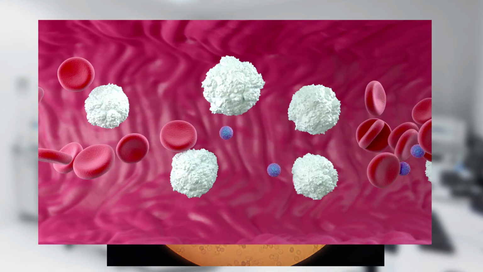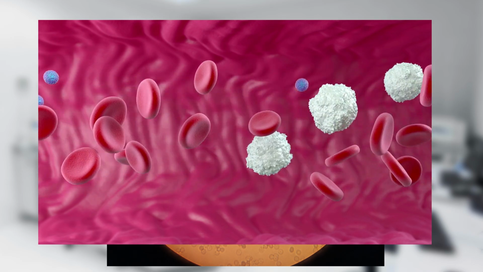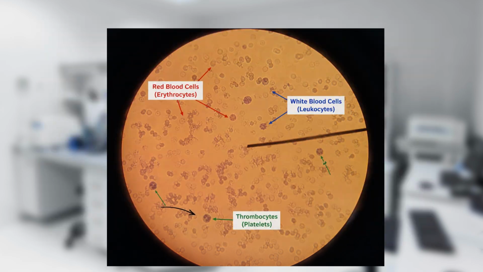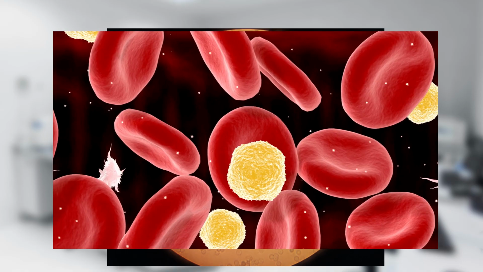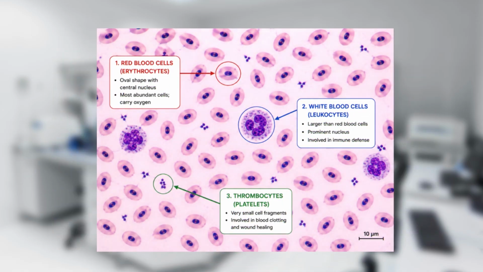They contain prominent nuclei and are involved in the fish's immune defense against pathogens. Thrombocytes, platelets, are also present and are generally smaller than the other blood cells. They play an important role in blood clotting and wound repair. Overall, the image shows a blood smear containing erythrocytes, leukocytes, and thrombocytes, with erythrocytes being the most numerous cells observed.